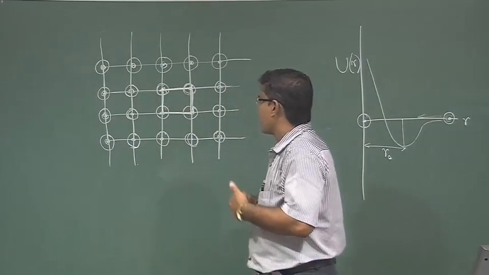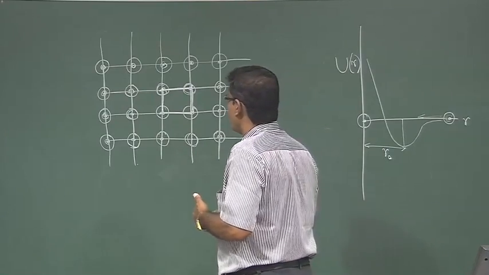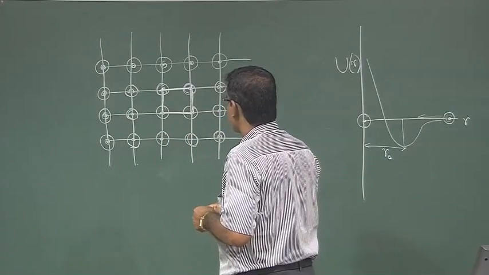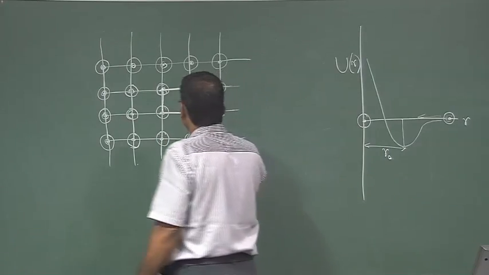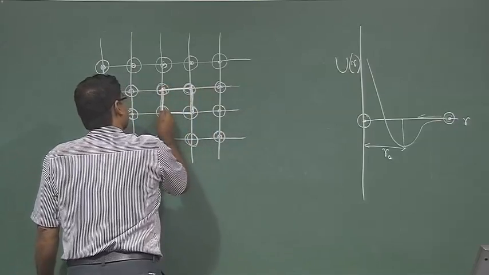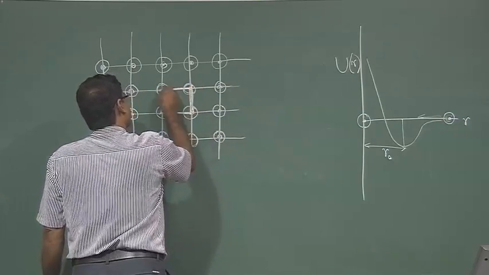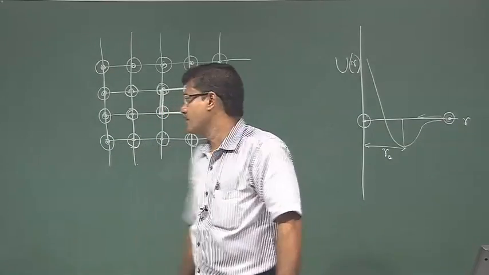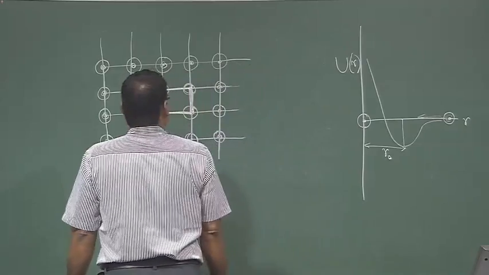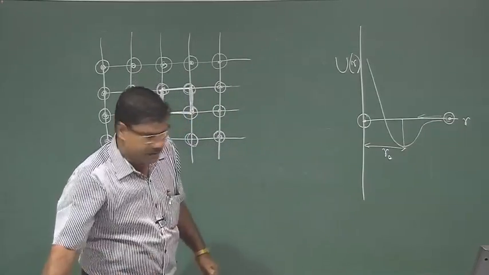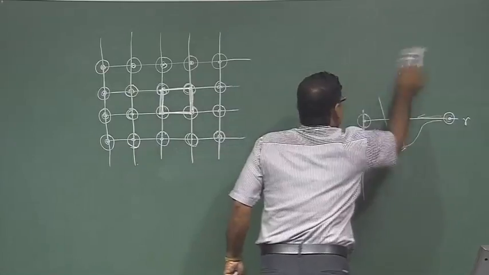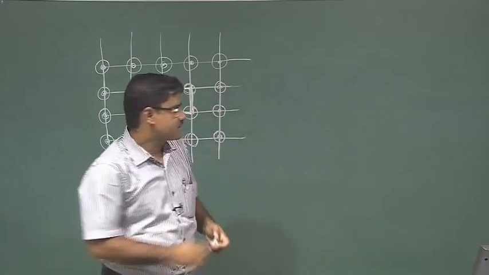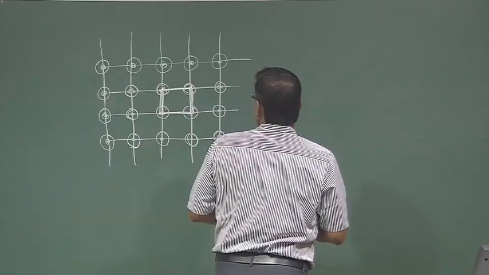Then the repetition of the pattern units will give the same structure of that solid. So, if I know the pattern unit of a crystal structure, and now if I repeat this pattern unit, then we can get the same structure of that crystal.